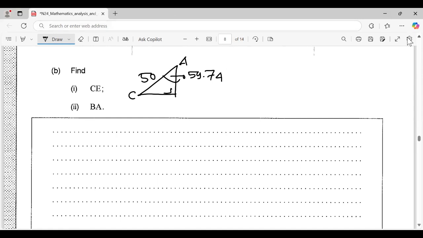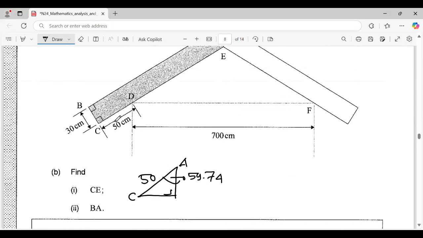Okay, this is D. Now I'm going to find next DE, this one.